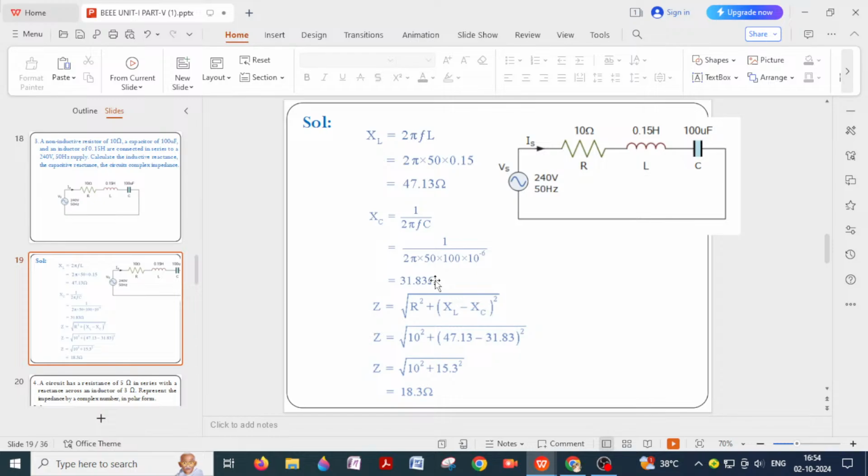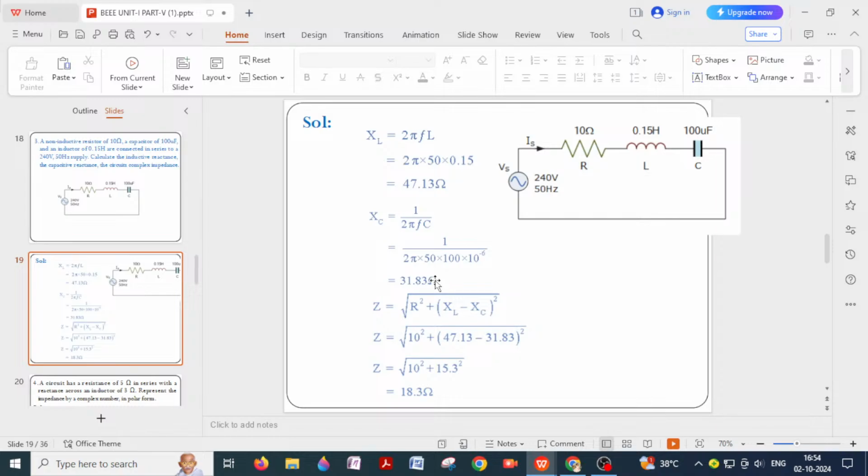Sorry, not minus, root of R square plus X square. So what is this X? X is equal to XL minus XC. You can write XC minus XL if XC is greater than XL. So here I have written XL minus XC. Why? Because XL is greater than XC. You just see here, XL is 47 ohms, XC is 31 ohms. Since XL is greater than XC, I have written XL minus XC.